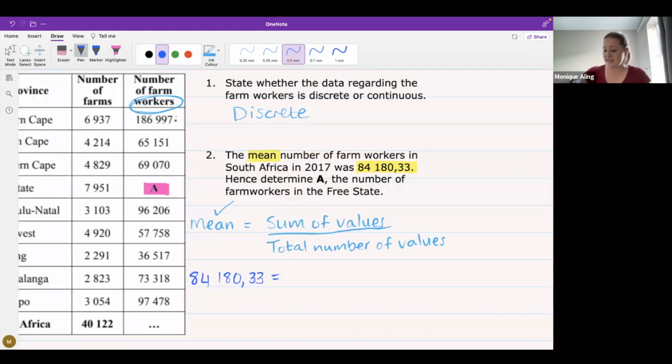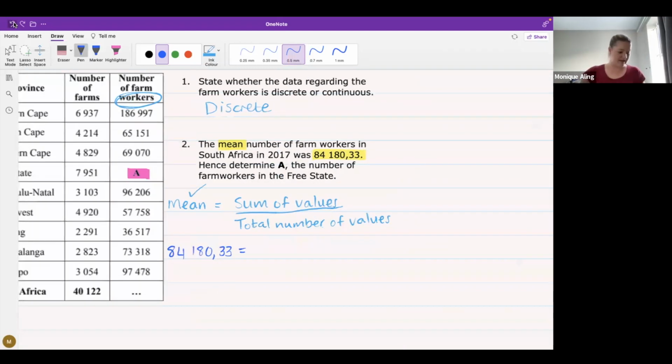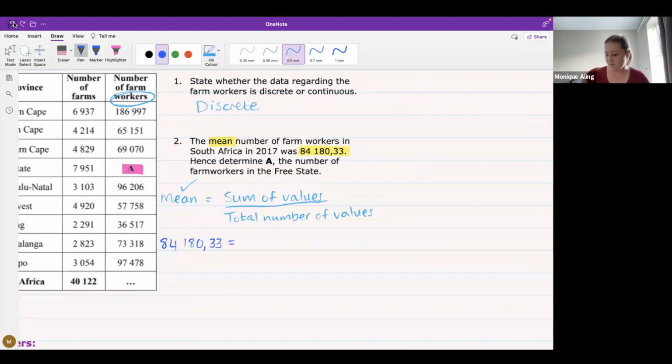Now I'm going to put each and every one of these numbers into my formula, including A, because that's how you would normally work out mean, correct? Okay, so I'm going to zoom out a little bit. These are unfortunately big numbers.